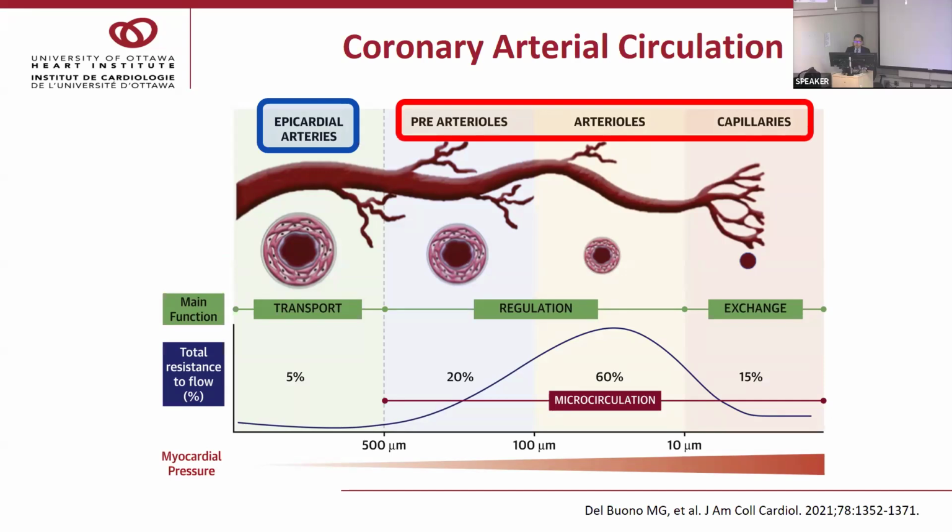Under normal conditions, these epicardial arteries contribute only 5% of the total coronary resistance. The coronary microcirculation includes the prearterioles, intramural arterioles, and capillaries, and these small vessels are responsible for more than 90% of coronary resistance.